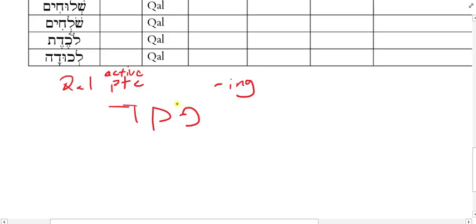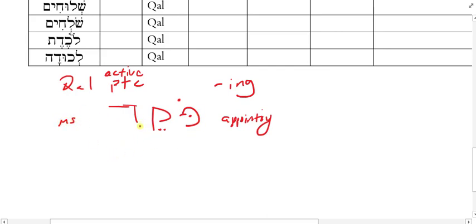What was the vowel pattern for the Qal active participle? What did root 1 get for the Qal participle? Holem. Root 2? Tsere. Good. So poqed. Remember poqed? And we translated that as appointing or visiting. And that was the masculine singular form.